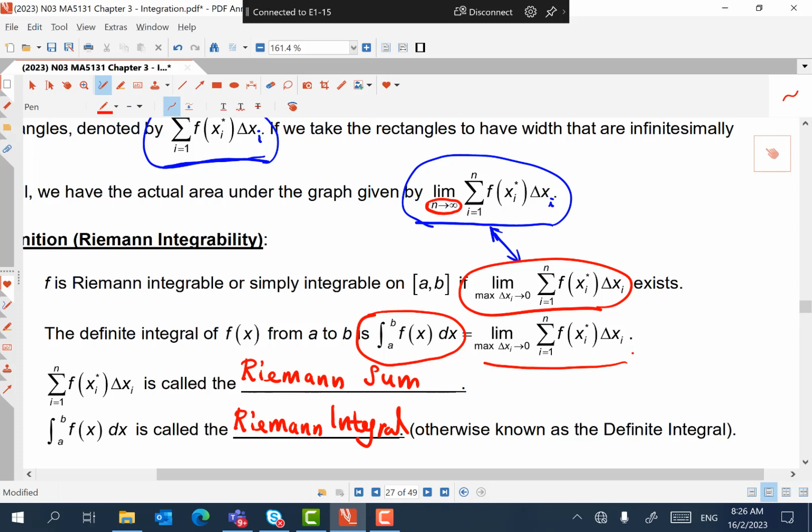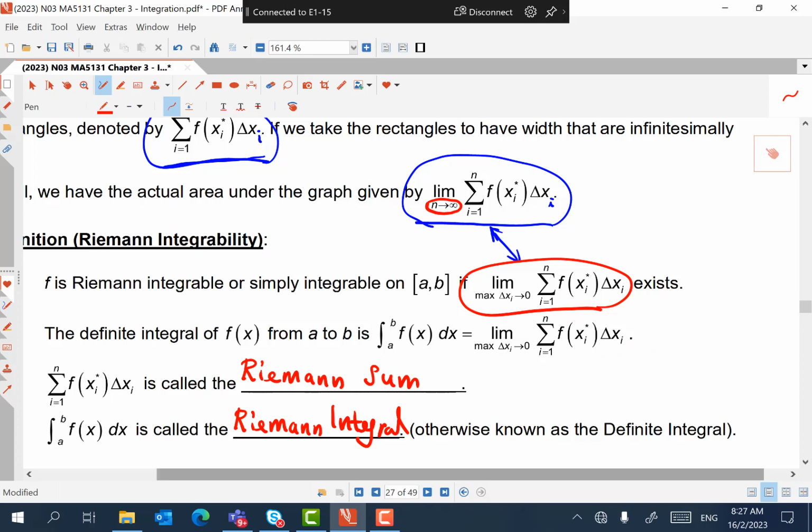When this limit exists, you will get the area under the graph. And if the limit does exist, we will say that this function is Riemann integrable. Okay, Riemann integrable if the limit exists.